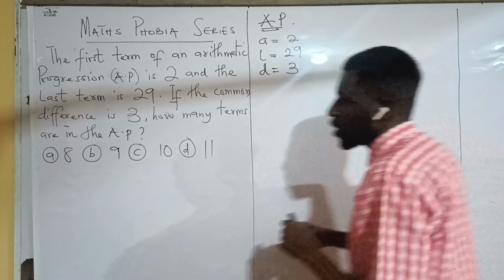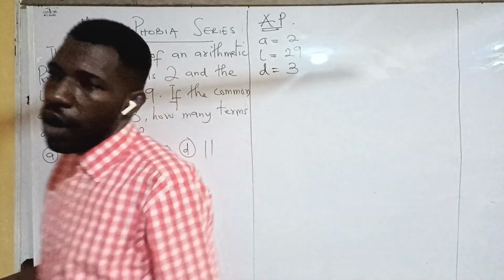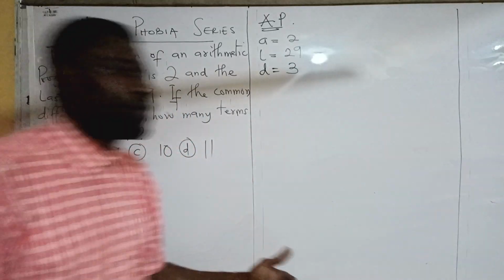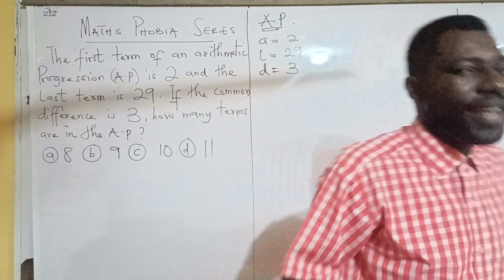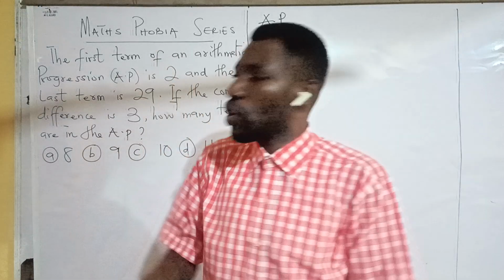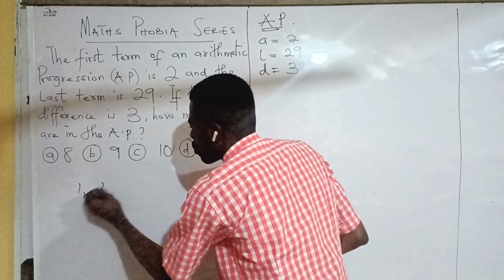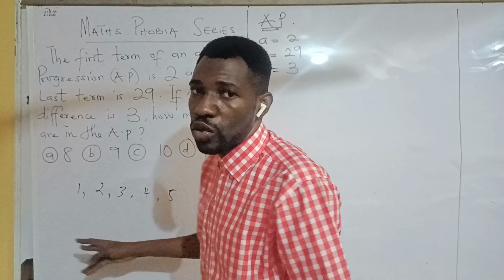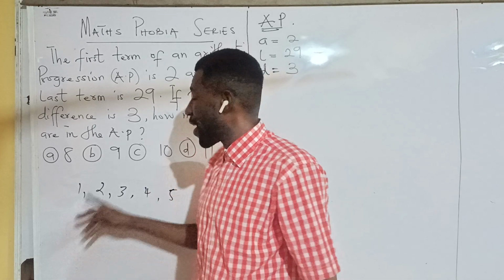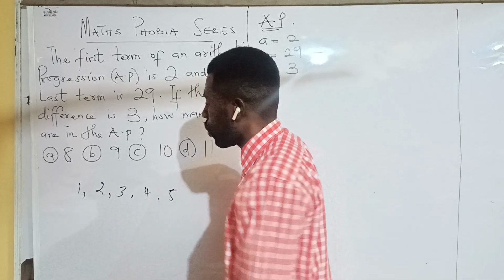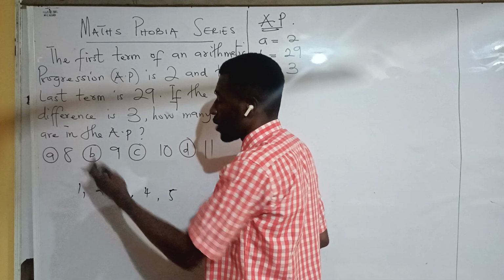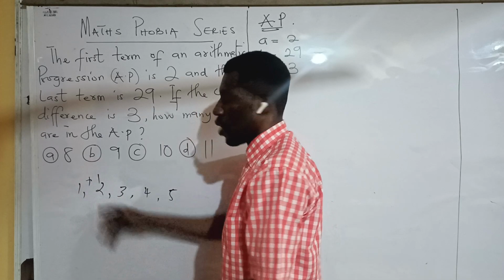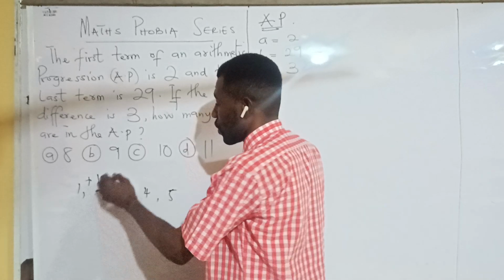Don't forget, the common difference is the number we add to a preceding number to get the next number. For instance, if you have 1, 2, 3, 4 and 5, you see that the numbers are increasing by 1. What will I add to 1 to get 2? 1. What will I add to 2 to get 3? 1.